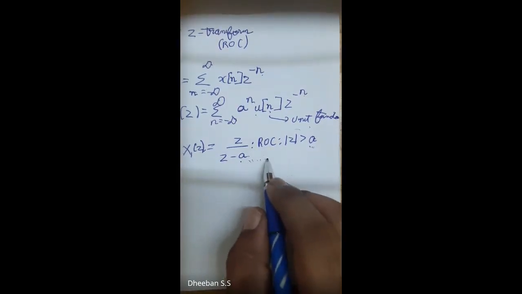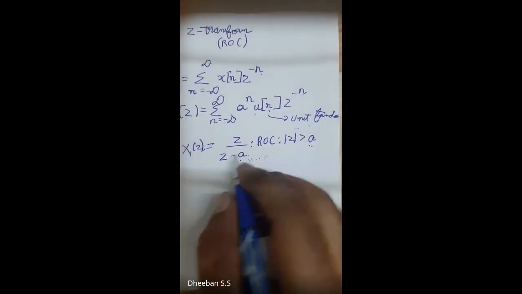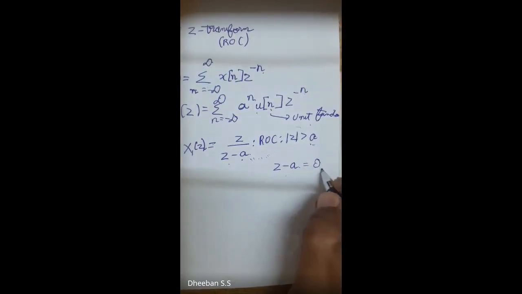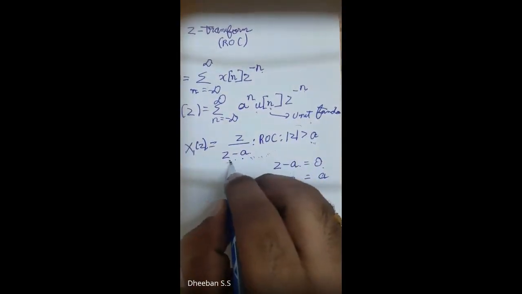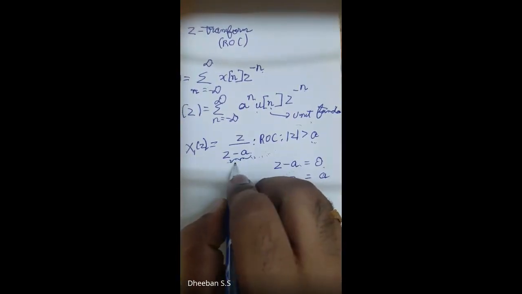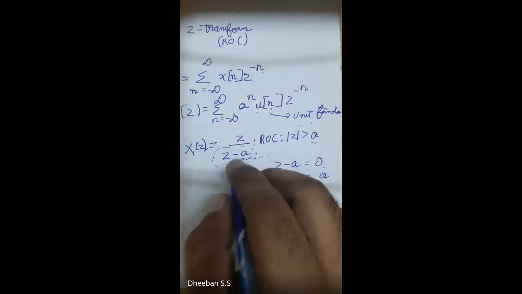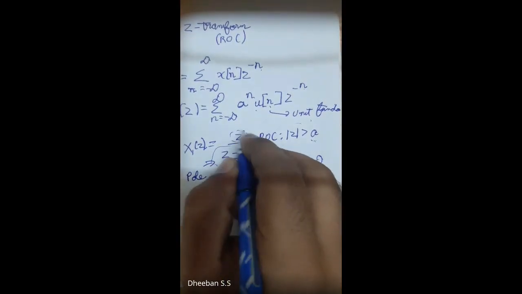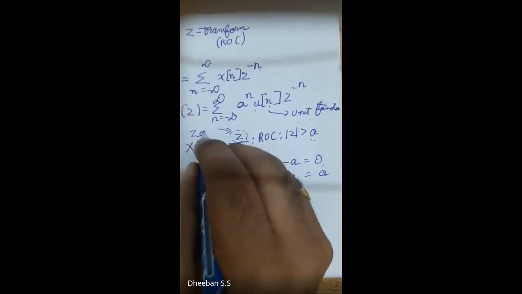Wait a minute, I'm having a small doubt in this. In general, you'll be finding this ROC like this only. Z minus a is there, so you equate it to 0, and z moves to this side, so it will be a. With respect to your control system, this is your pole, and the numerator is with respect to your zero.